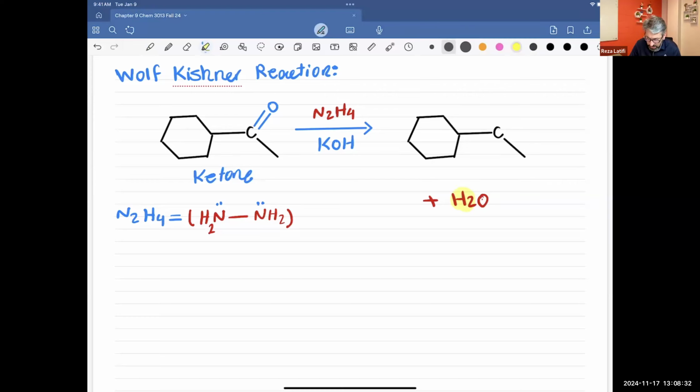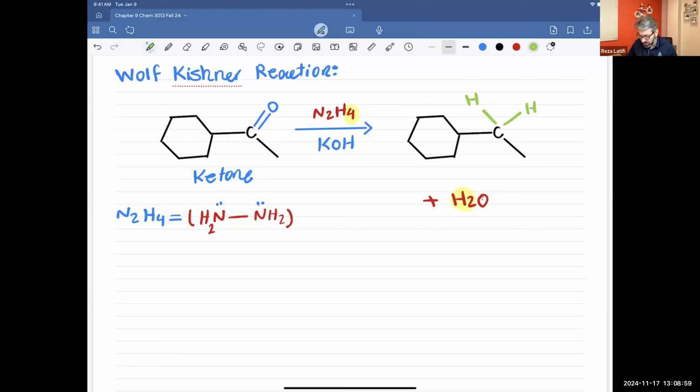Remember that N2H4 comes with 4 hydrogens. 2 of them will leave with oxygen as a water molecule. We need 2 more. Those 2 more will show up on the carbonyl carbon. So now I used 4 hydrogens, and I managed to saturate the carbonyl group. Also, I got water. Now I'm left with nitrogen.